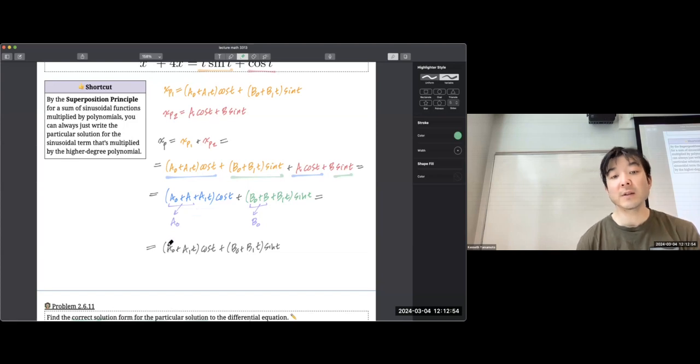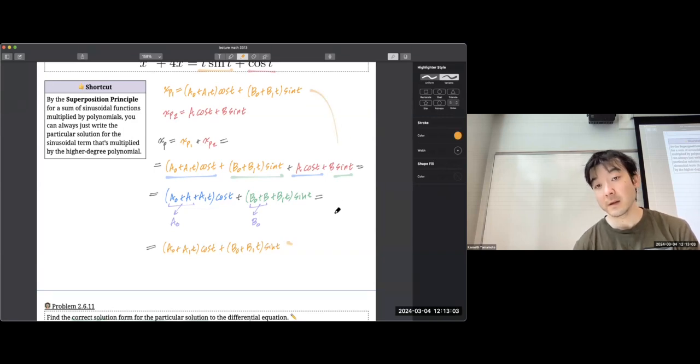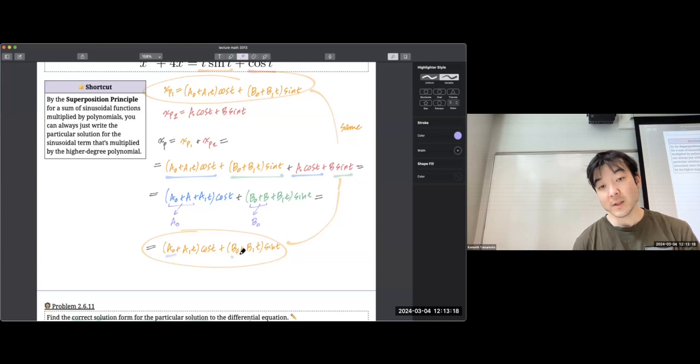And this is exactly the same as this orange one up here. So these are the same. I'll underline in purple what we just did: we redefined these two, combining them as another undetermined coefficient A naught and B naught.